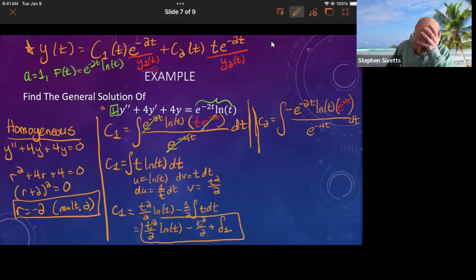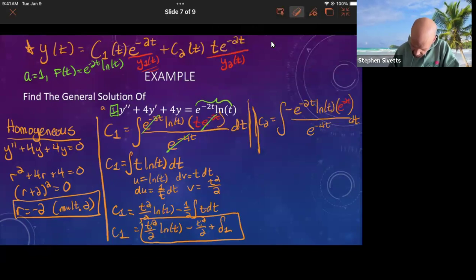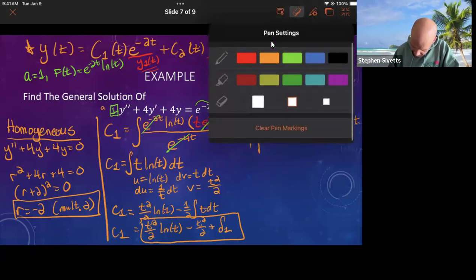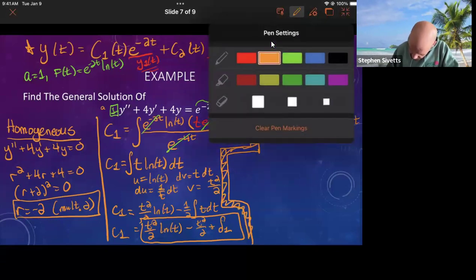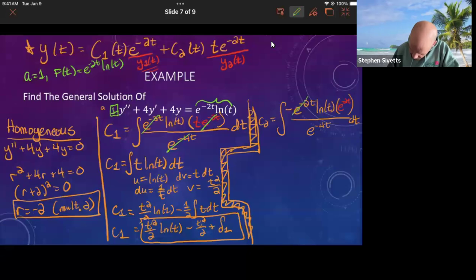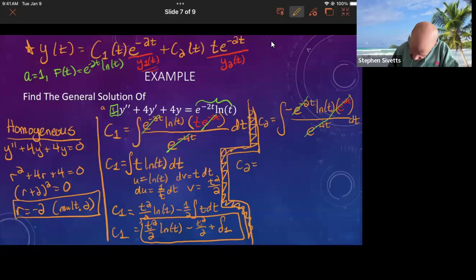All right, so that is C1, and then C2 is a lot easier. These quantities will cancel, and then you'll have C2 is equal to the integral of ln of t dt.